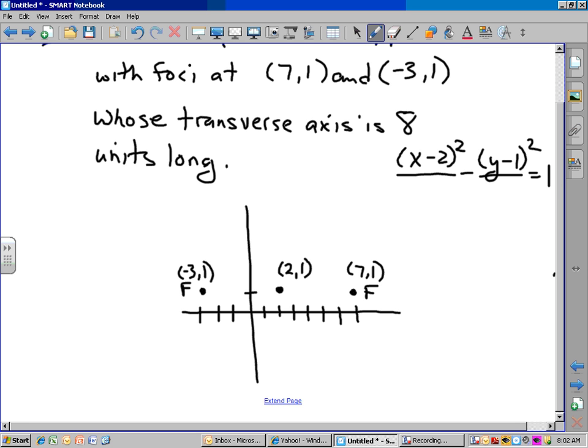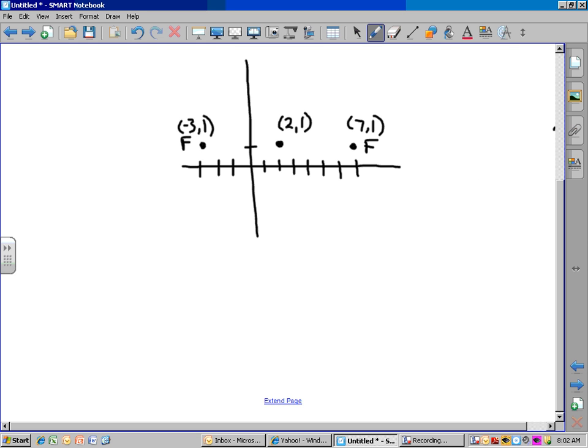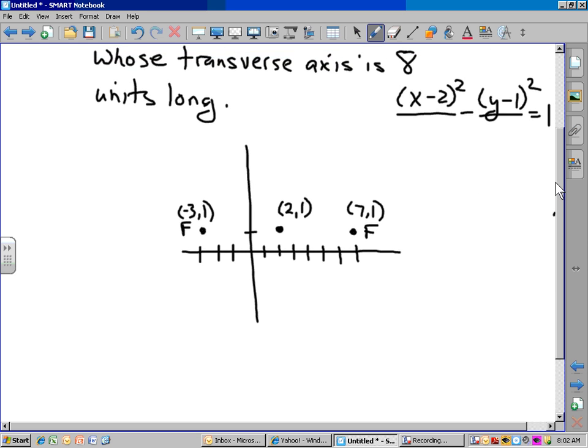Do I know anything? Not a. Something is 5. Not a. A is not 5. What did we count from to get 5? To the foci. And the foci are c. C is 5. That's what we know so far.